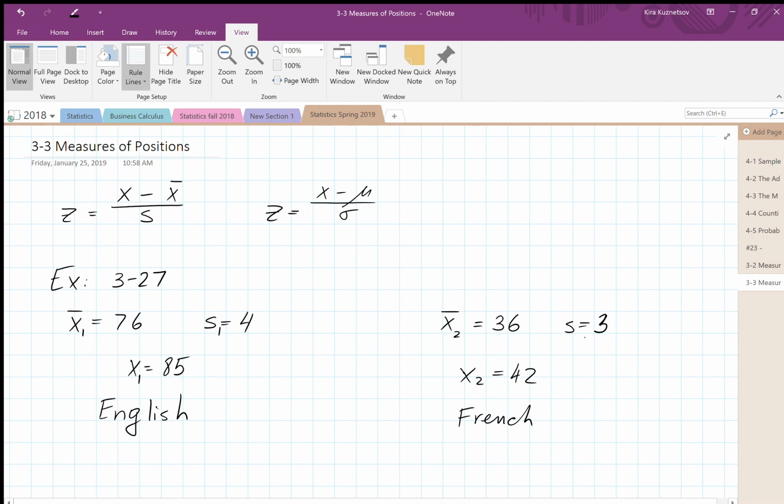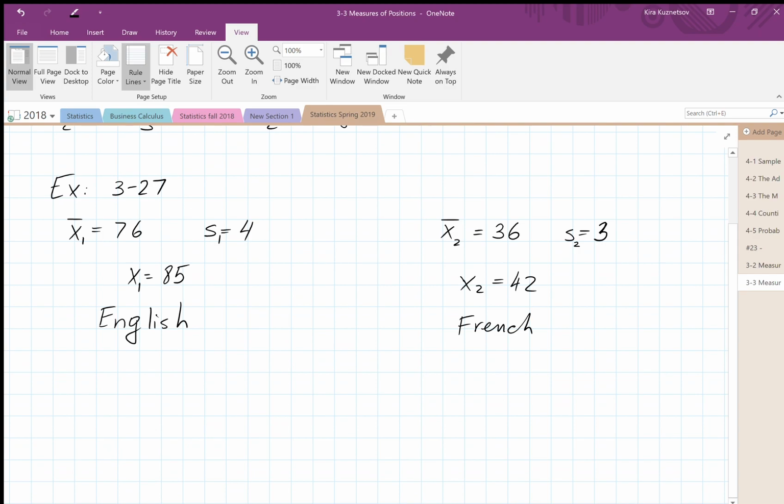So this number, the standard deviation, tells me that the scores do not vary as much as on the English test. I'm interested in how these two are related as far as the position is concerned. So what I'm going to do is find the z-score for the English test and the z-score for the French test.